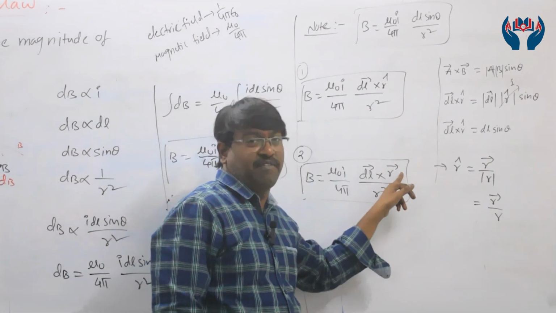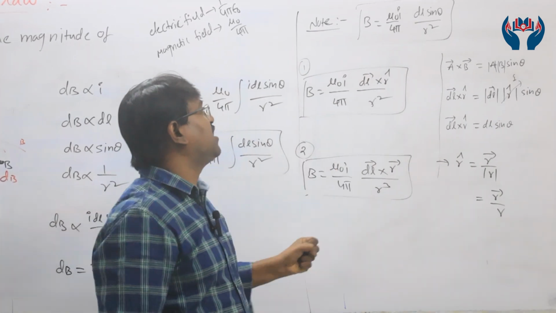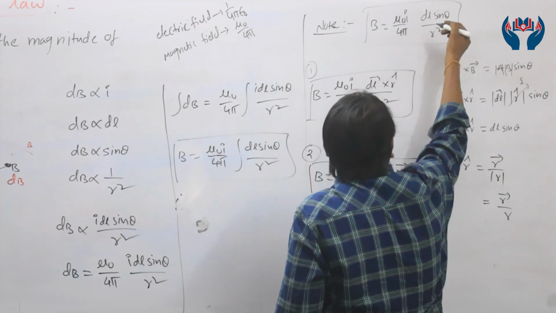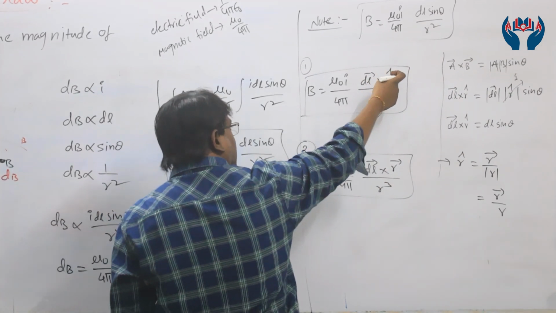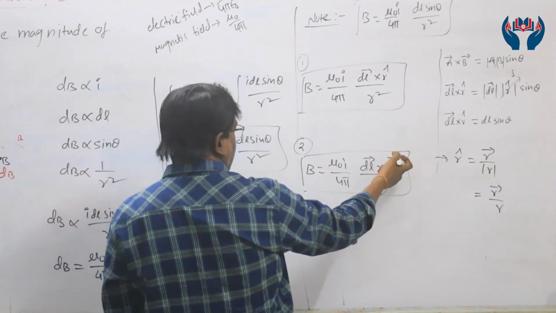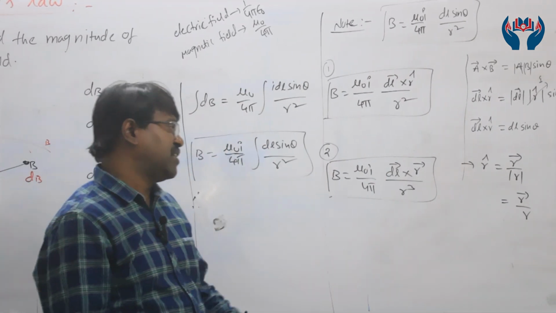If it is vector r, that should be r cube. If you want to measure only the magnitude, B equals mu naught by 4 pi into dl sin theta by r square. That is only the magnitude. In vector notation, if it is r cap, the denominator is r square. If it is vector r, then the denominator should be r cube. Okay, this is the previous question.